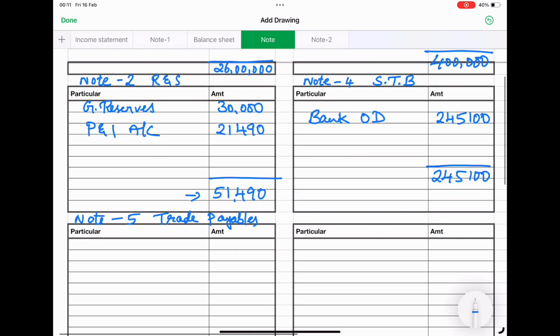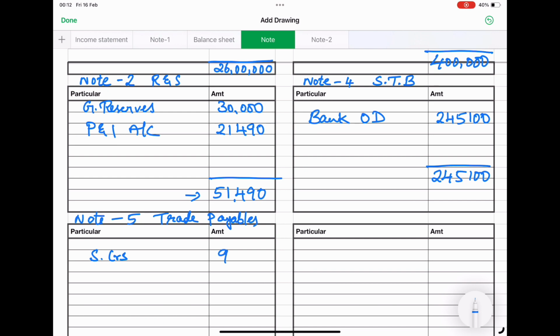Trade payables are nothing but sundry creditors. Whether bills payable, like that, which are all current liabilities we are identifying. So in our question we have sundry creditors. So the value of sundry creditors is rupees 92,560.